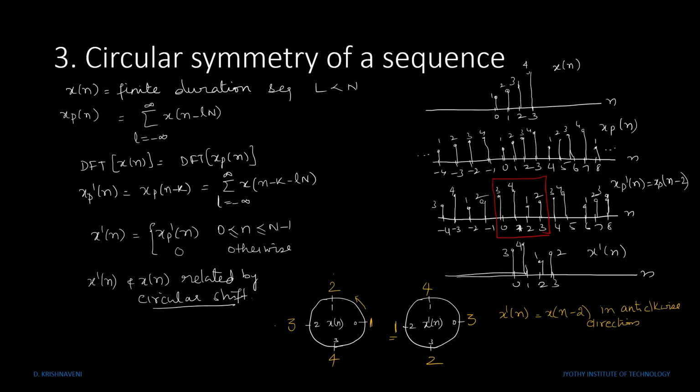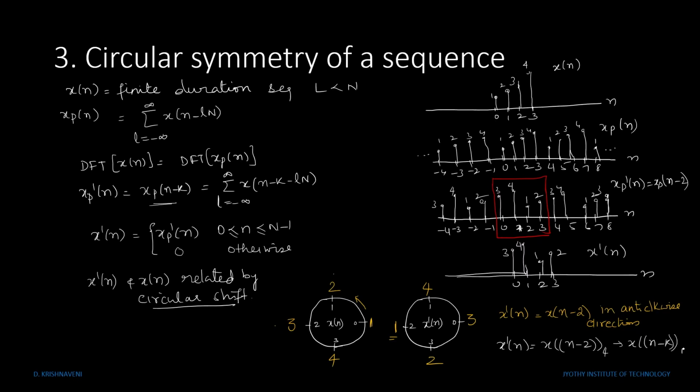So how do you represent this circular shift? This x dash of n is represented as x of n shifted by 2 units circularly. So we write it as x of n minus 2 modulo N. So in general, this is x of n minus k, because x of n has been shifted by k units.